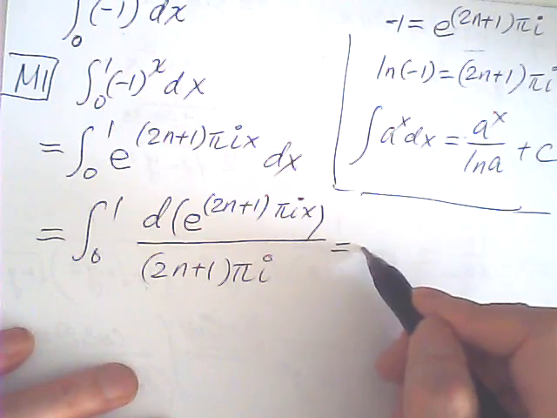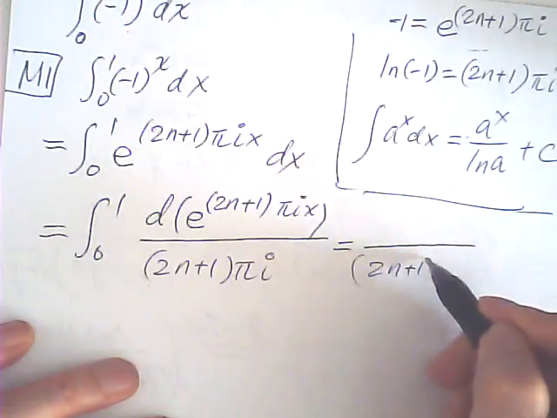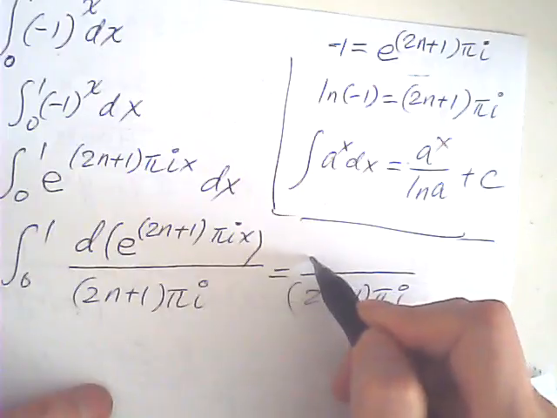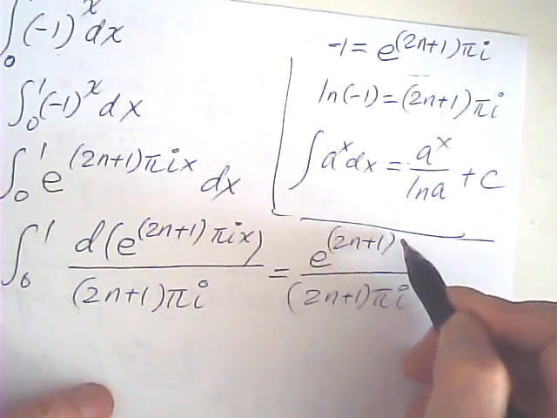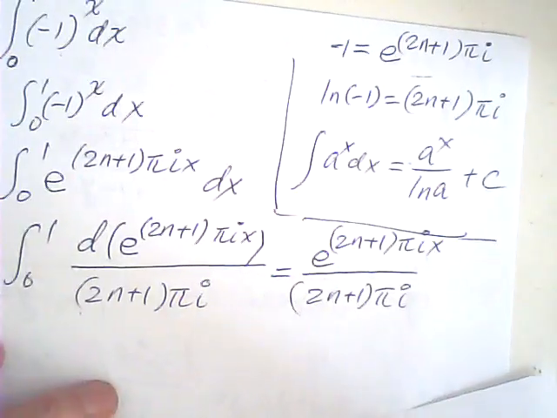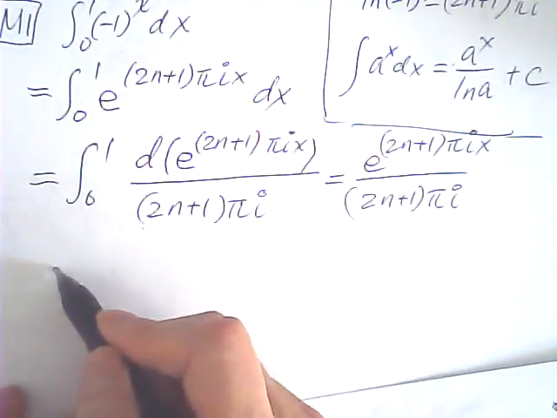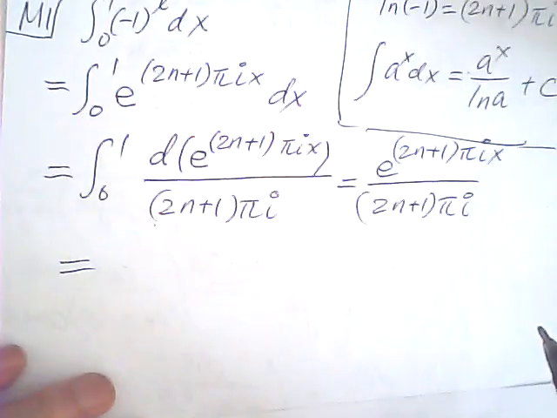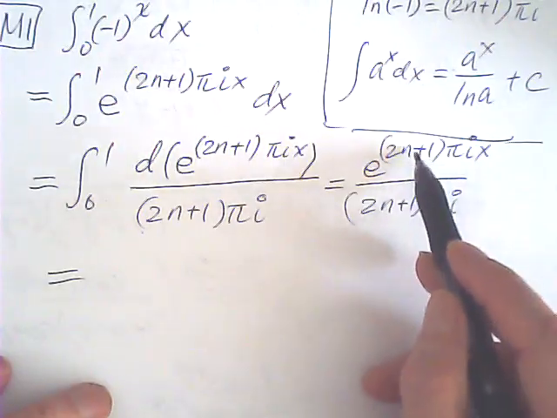So that would be 1 over (2n plus 1) pi i, and e to the (2n plus 1) pi i x. Okay, so this one is equal to, now this is negative 1, right?